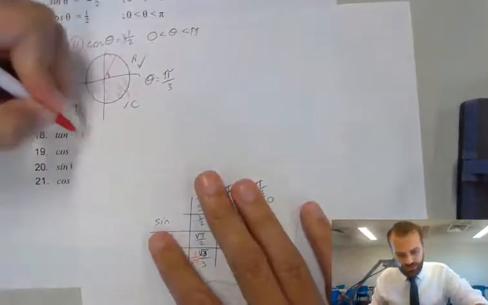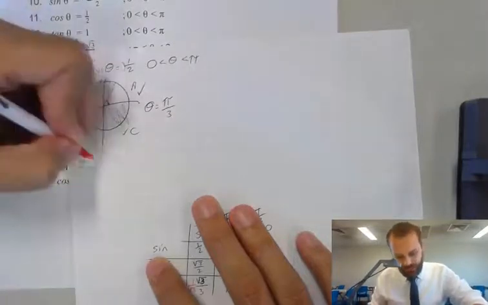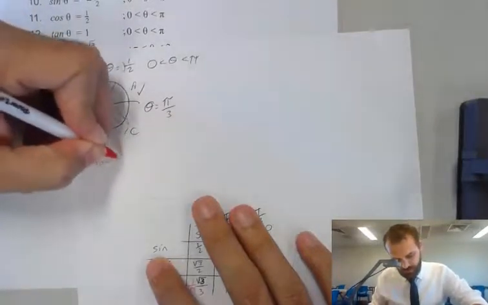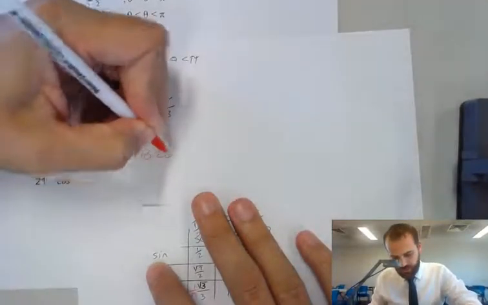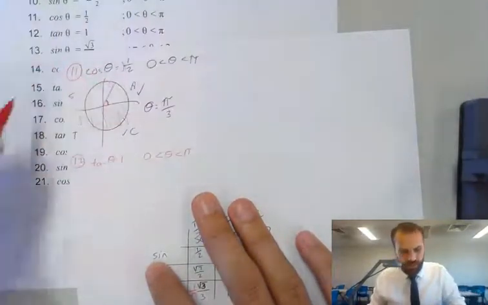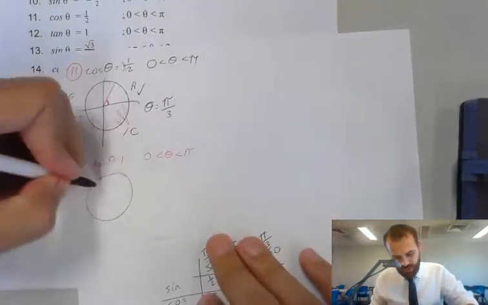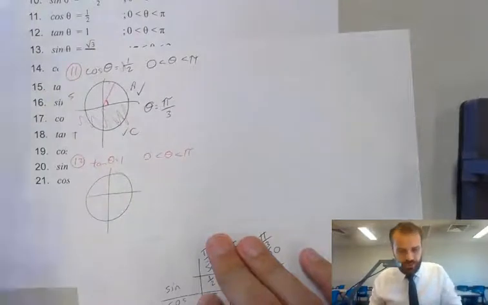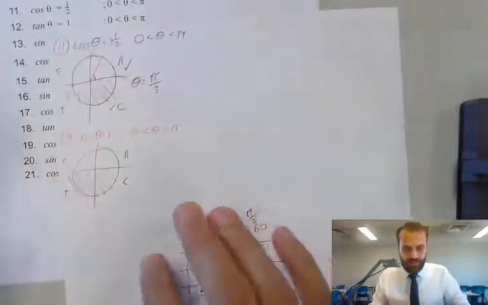Question 12. Tan theta equals 1. And again, that's going to be between 0 and pi. So, circle, and we're not interested in the bottom. C-A-S-T.